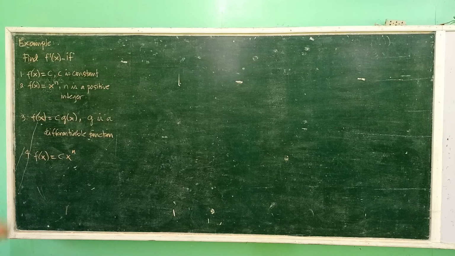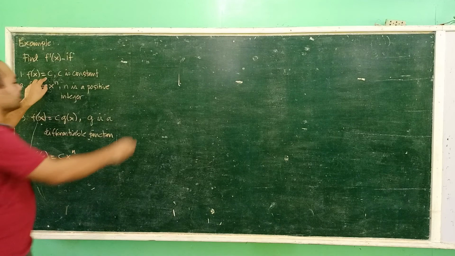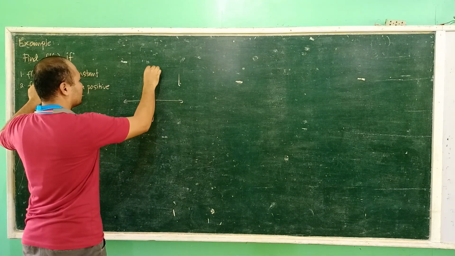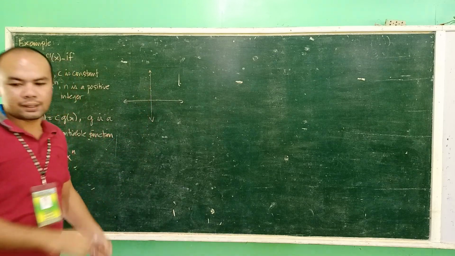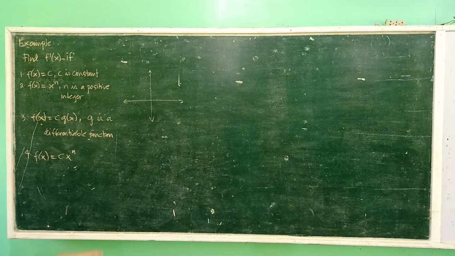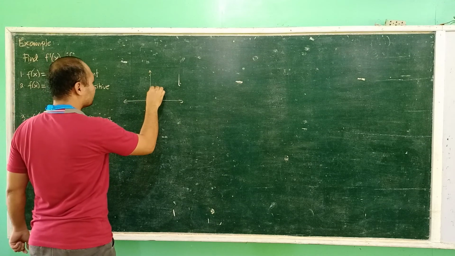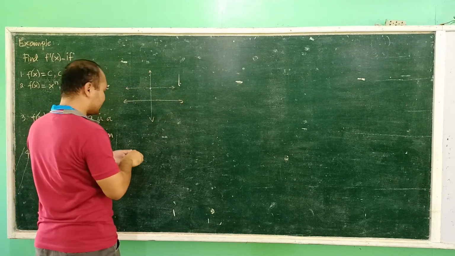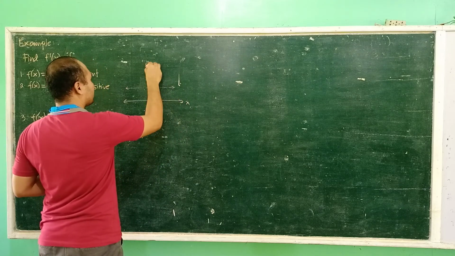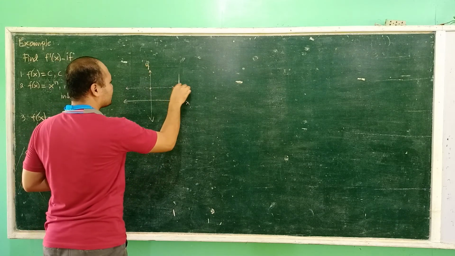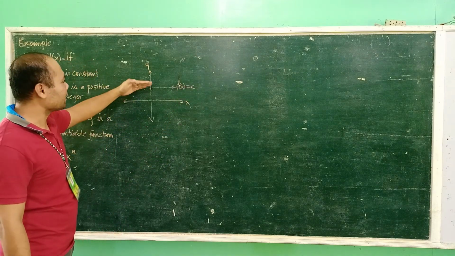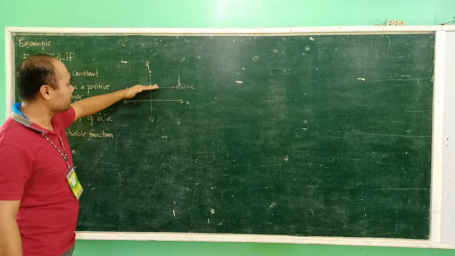So, if you look at the graph of f of x equals c, this is c, this is x, and this is y. This is f of x equals c, no? It's just a horizontal line, whether it's here, here, and here.